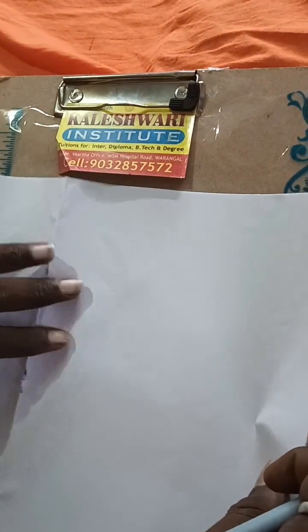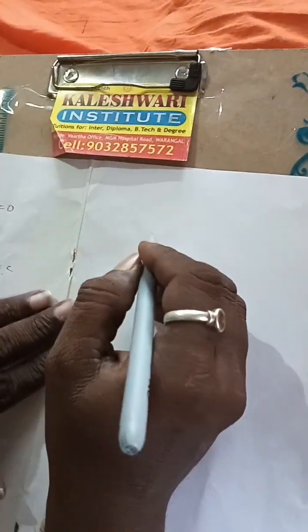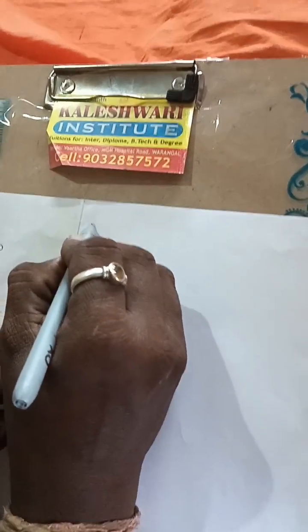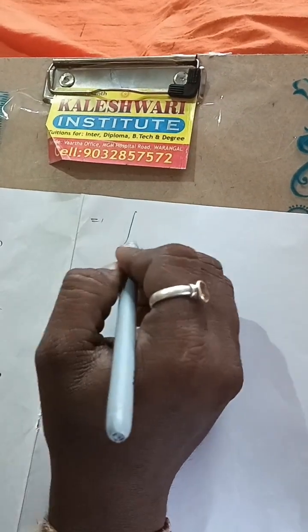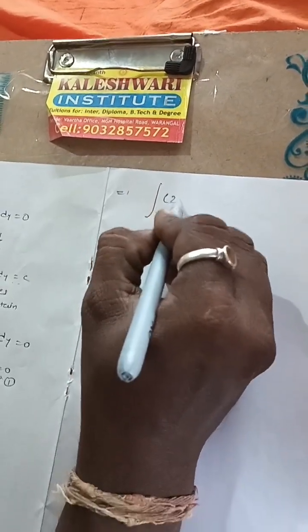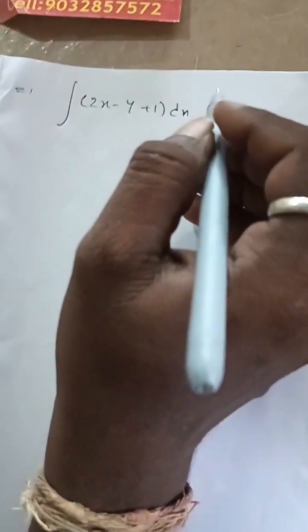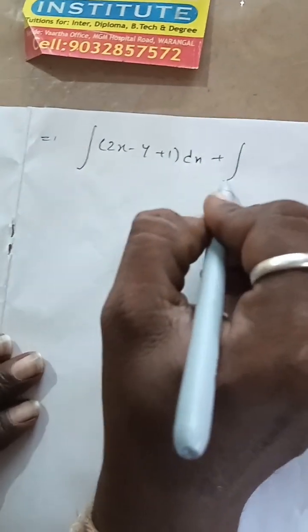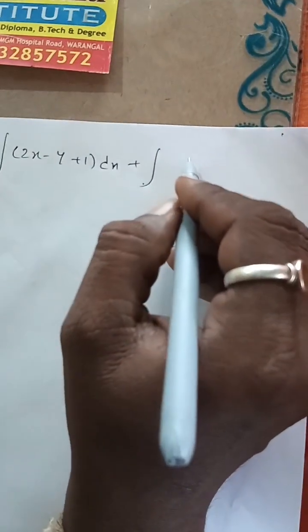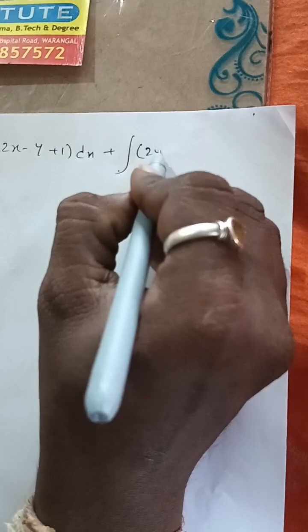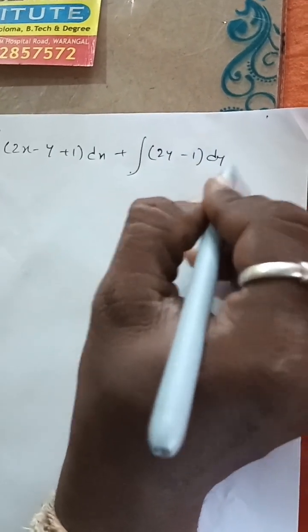So now write down the M value: integration of (2x minus y plus 1) dx, plus integration of the terms not containing x, (2y minus 1) dy, equal to c.